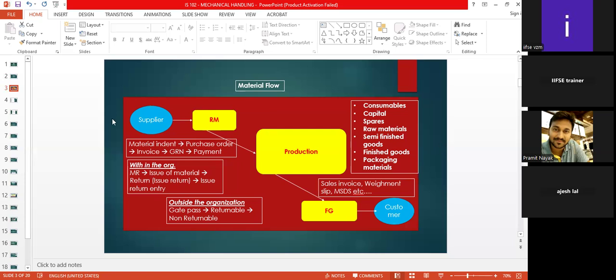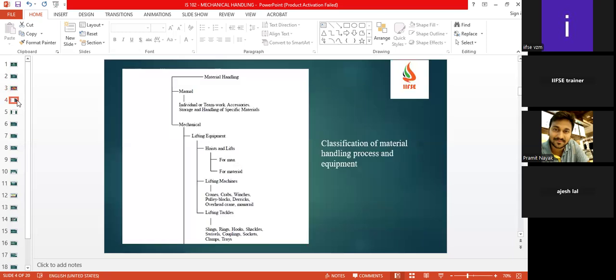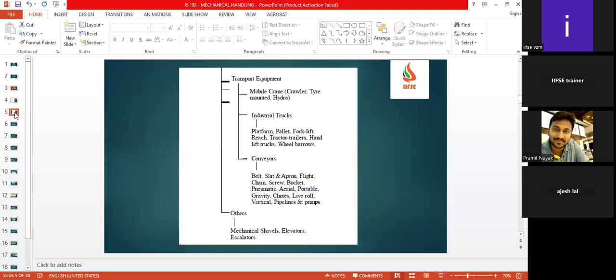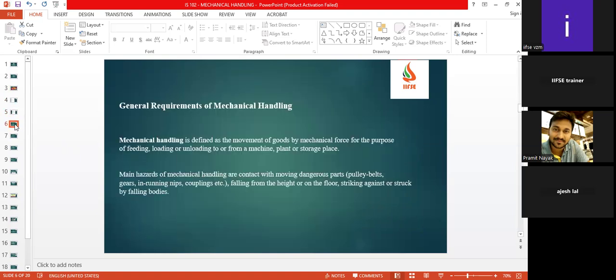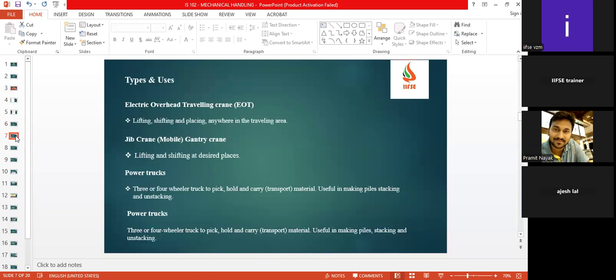Then we saw the different classifications of material handling, and the various equipment, tools and tackles used in mechanical material handling. Then we talked about the general requirements and also the hazards with respect to mechanical material handling.